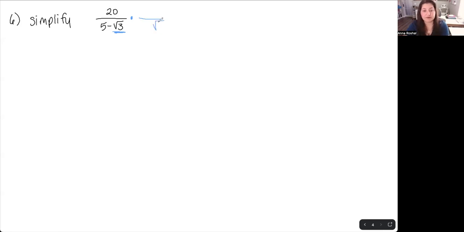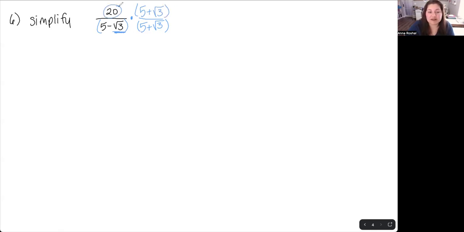But because I have this entire expression, I'm going to multiply by the conjugate pair. A conjugate pair is something that will create the difference of two squares, where the first term and the last term are the same, and the only difference is the positive and negative sign.